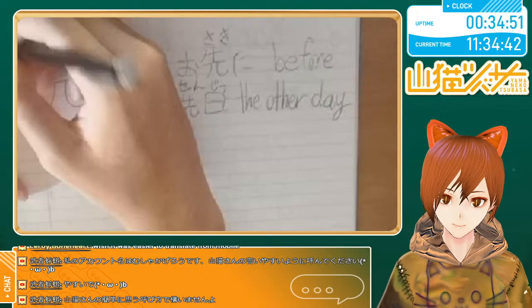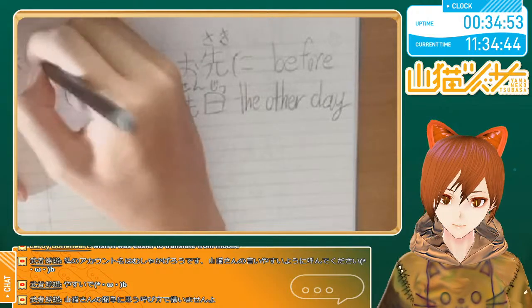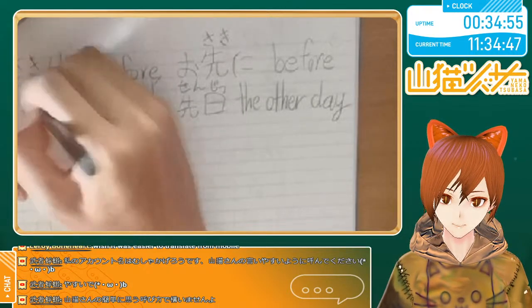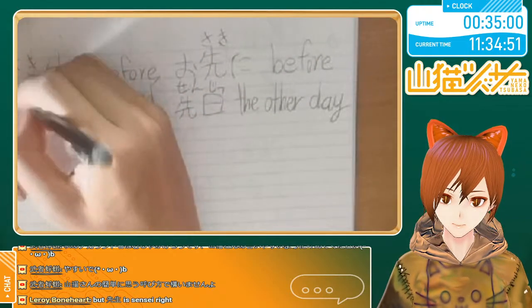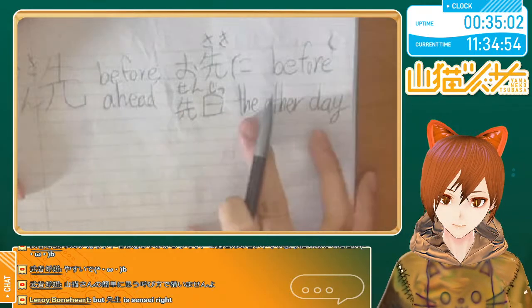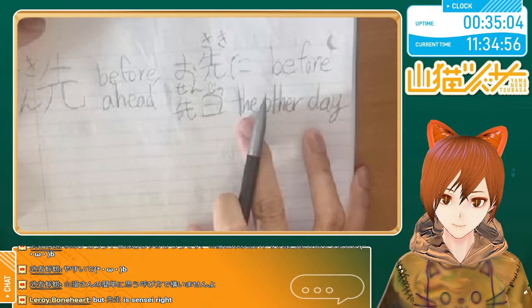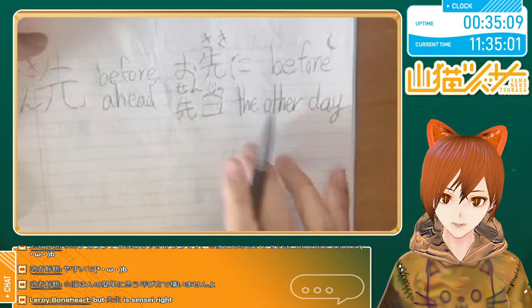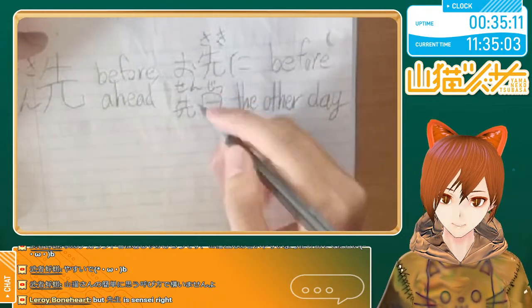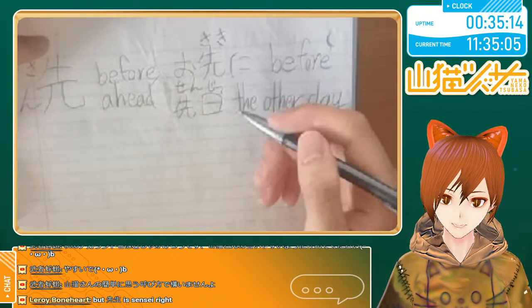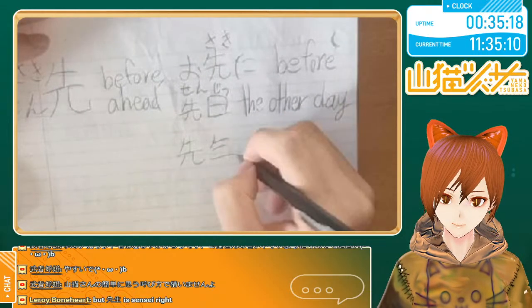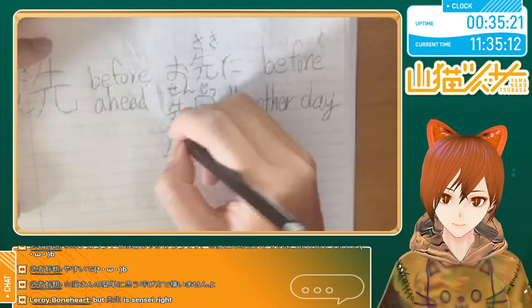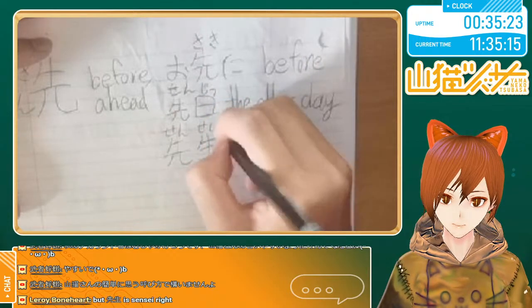So if we have Saki and Sen. Sensei. So, Leroy, Sensei. It is the same sen as Senju. Sensei. Teacher.